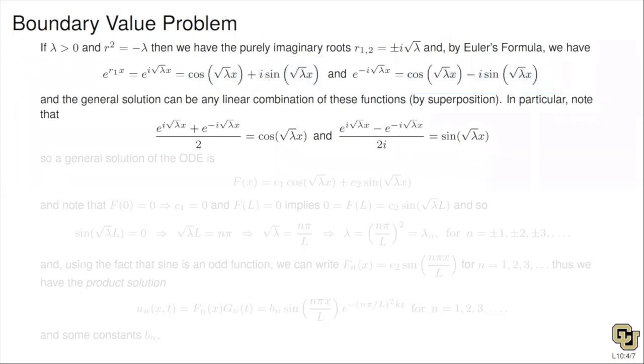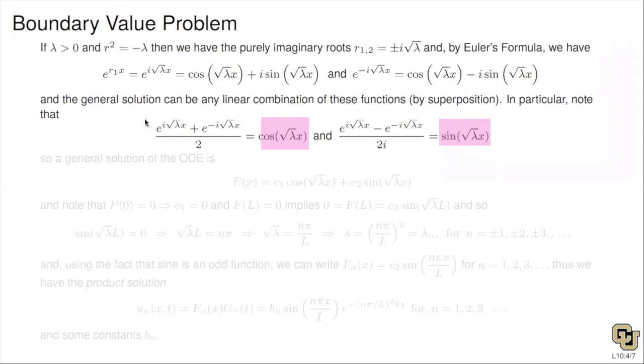So according to our vector space theory now, cosine root lambda x and sine root lambda x, since they're linearly independent, I'll let you think about why they're linearly independent. The Wronskian's not 0, right? Since they're linearly independent and they're in the solution space and there's 2 of them, they form a basis of the solution of the ODE, the X variable problem.